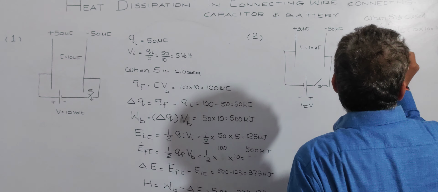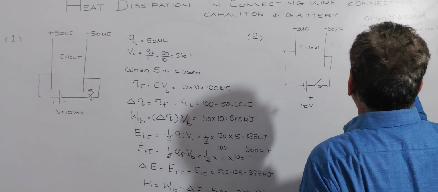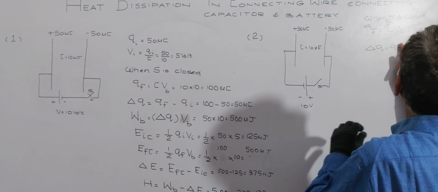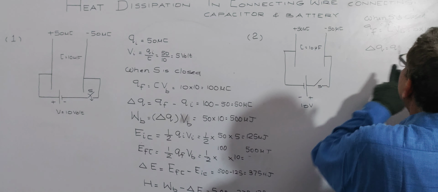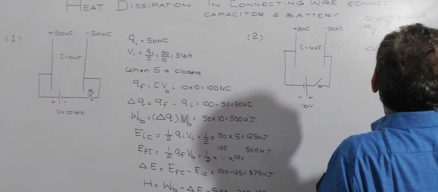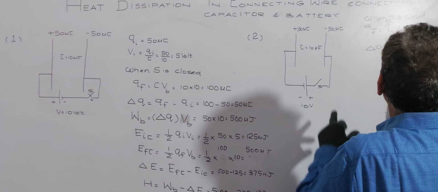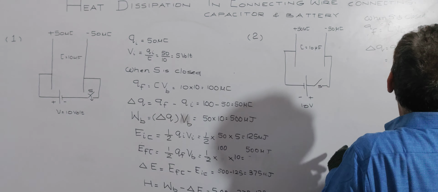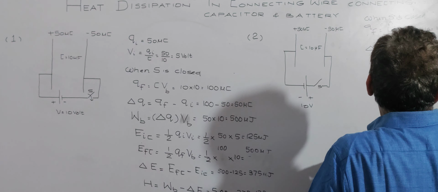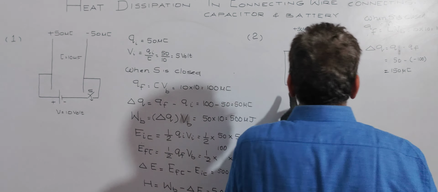So what is Q final? I can say delta Q can be written as Q initial minus Q final. So Q initial was 50 and minus of minus 100. So 100 microcoulomb of charge has flown through the battery.